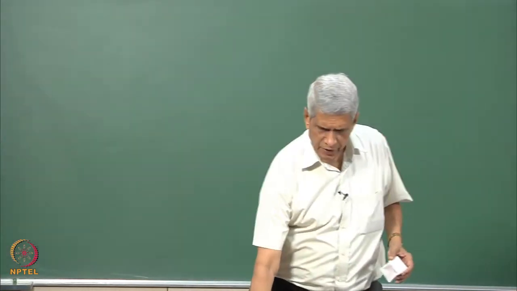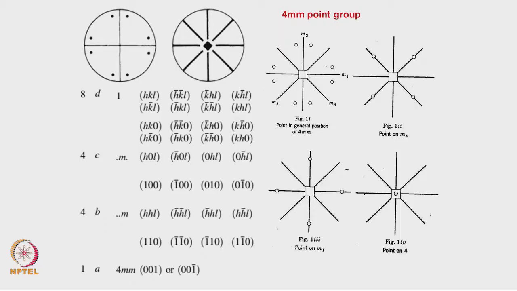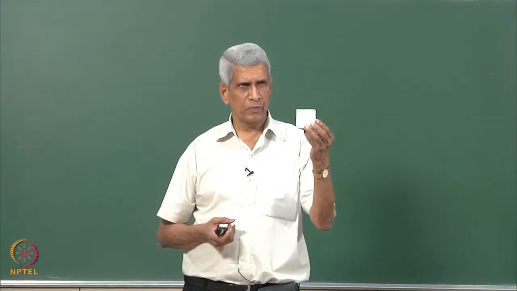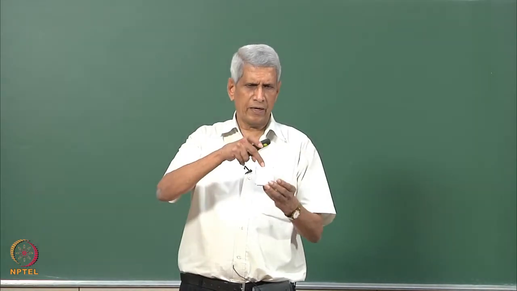So that is what essentially is being shown here: if a point has 4mm symmetry, the face it can have is only the 001 type of a face, around this axis.